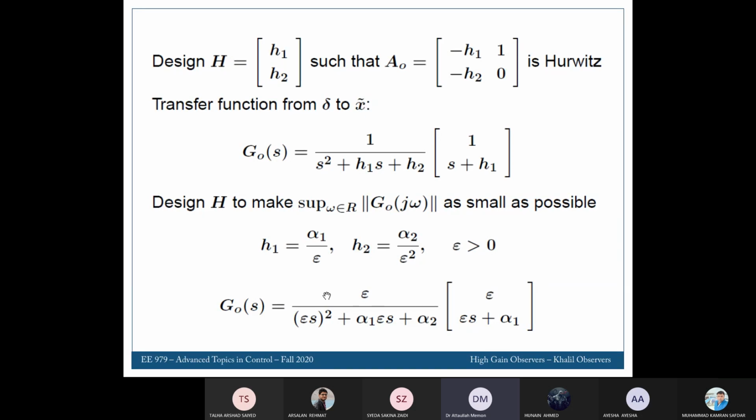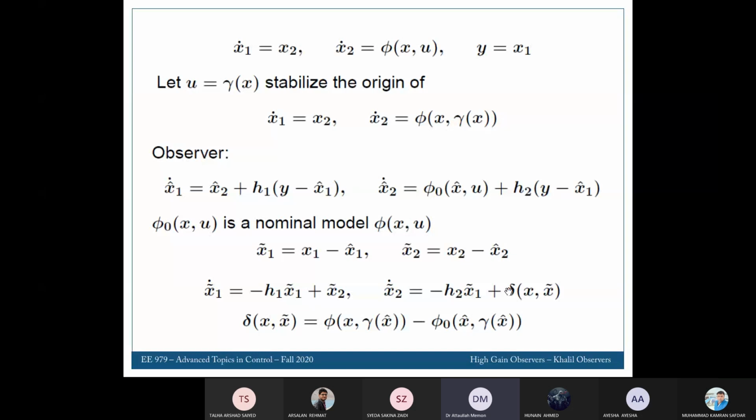If that can happen, then we have made the influence of the difference between the actual system and the nominal system immaterial. Despite this difference being there in reality, our estimation error goes to 0.